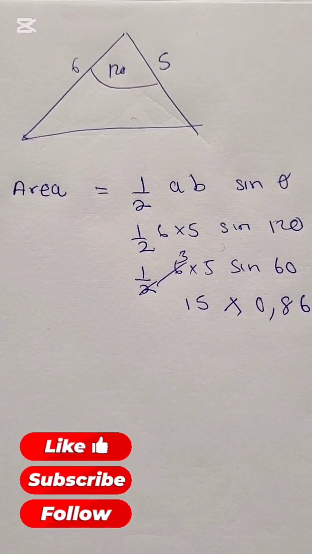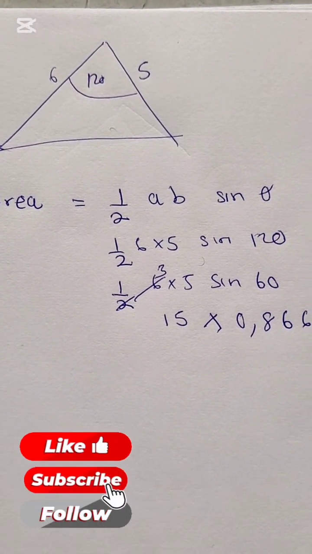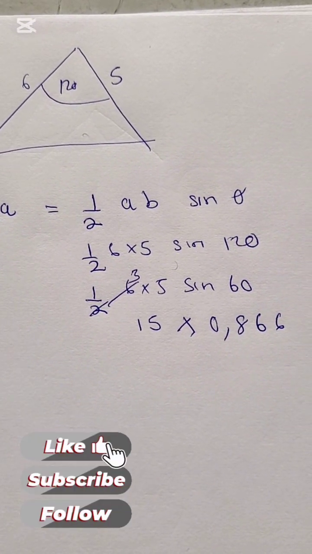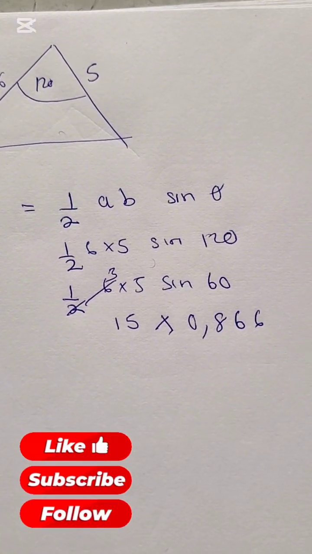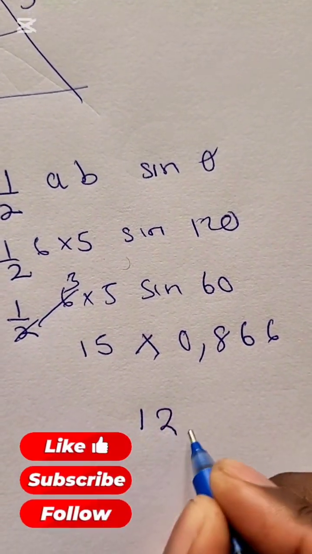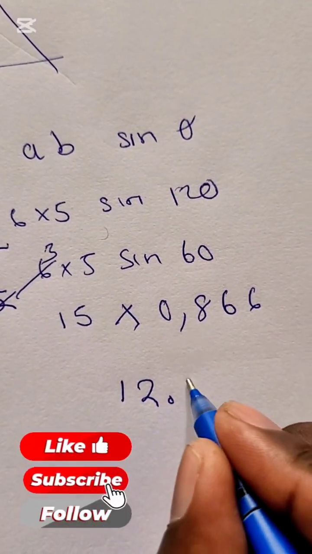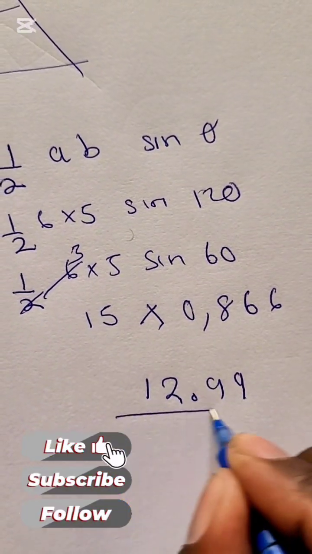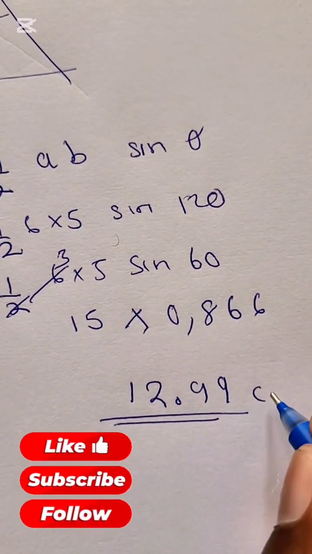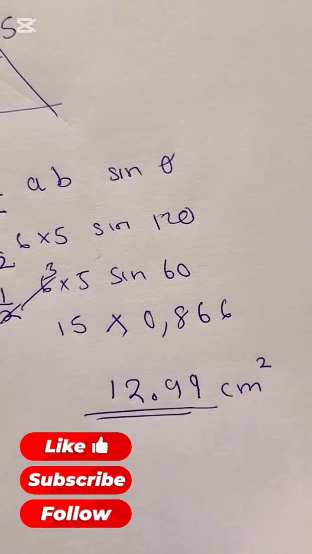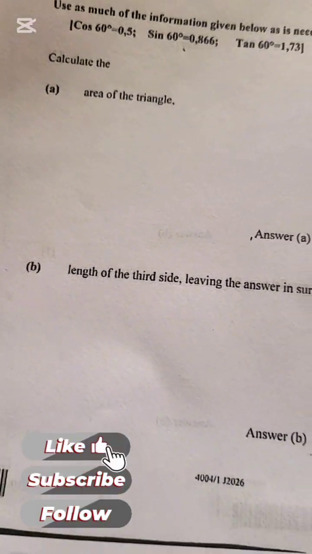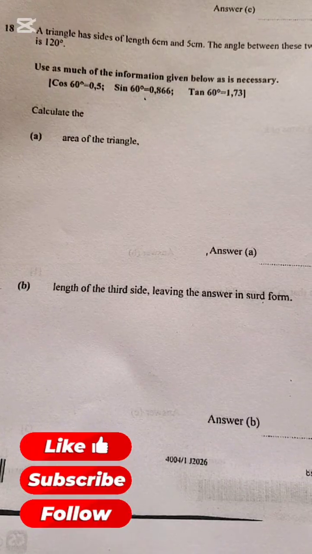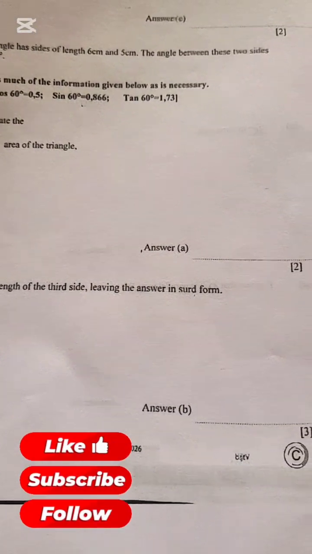Like I said, the area of a non-right angle triangle is half ab sine theta. So you get 12.99. That's the area of this triangle.